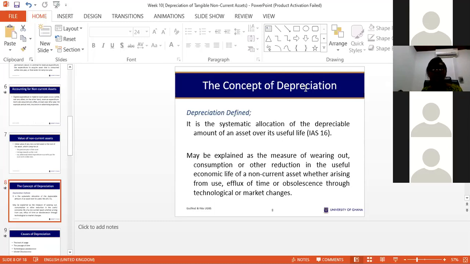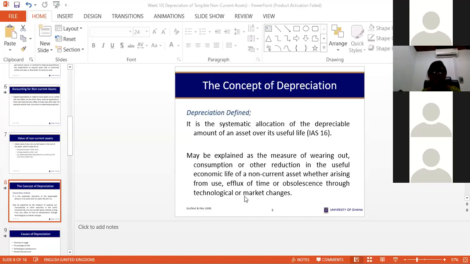It depends on the policy of the business. It depends on what conditions the business is looking at. So we cannot say it, but every business would have to estimate the useful life of its tangible non-current assets, and then allocate systematically the amount it has spent over those number of years.